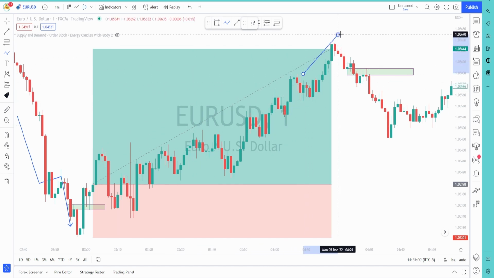And then when it did make the shift and started making lower highs and lower lows, when it came into this area, you can see that it retested this previous area of structure. It's made a shift to the downside, so we know there's a possibility that it may go in that direction.